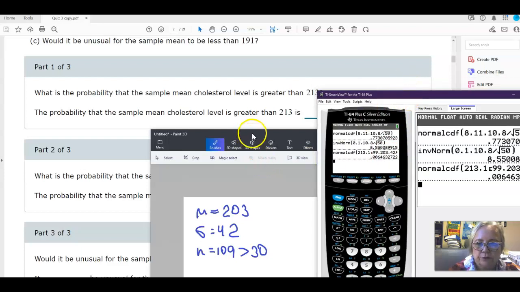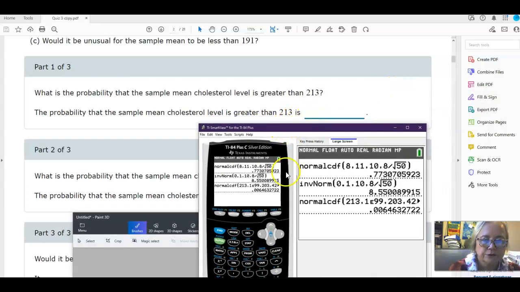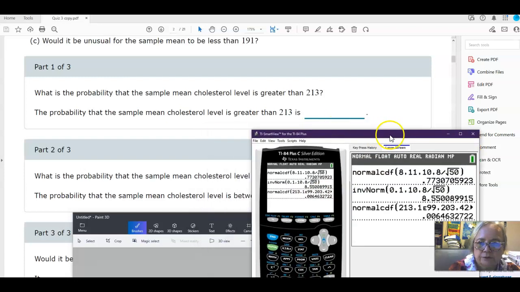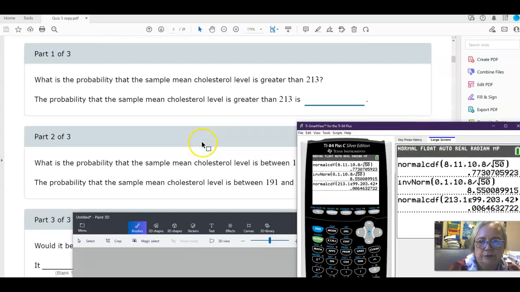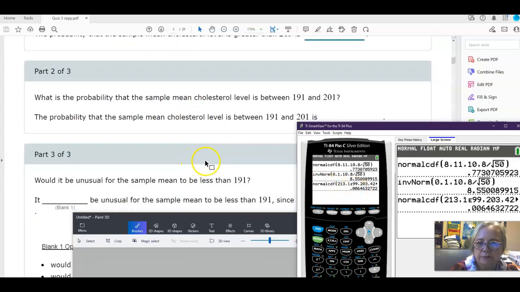Usually when we're talking about probability, we need to round to 4 decimal places. So the answer to this question will be 0.0065. So the probability that the sample mean cholesterol level is greater than 213 is 0.0065.